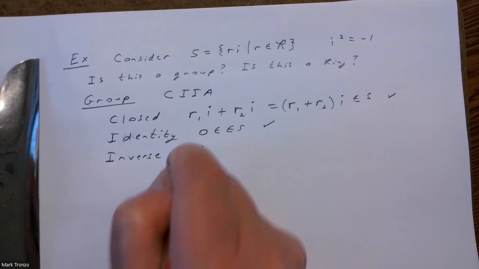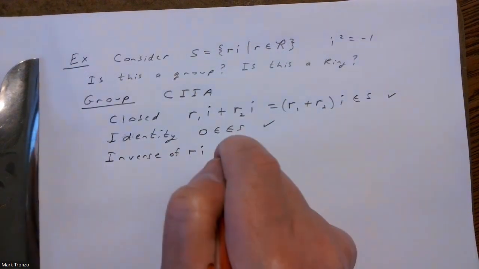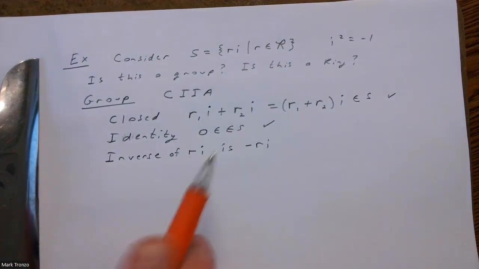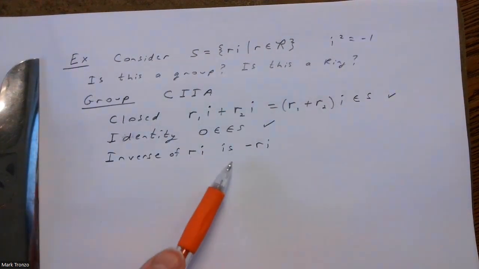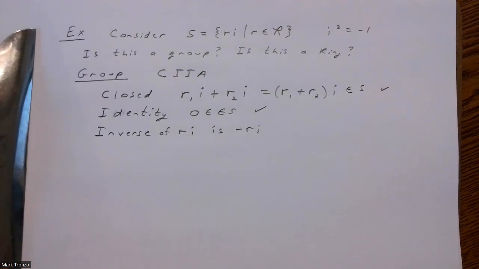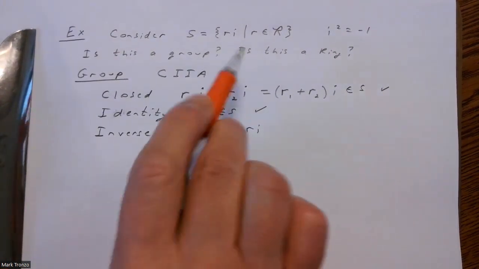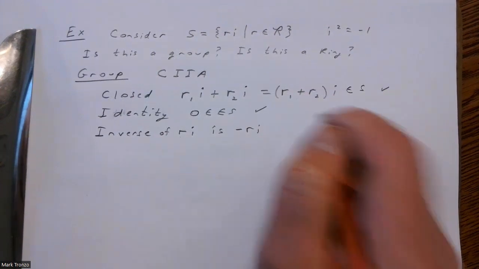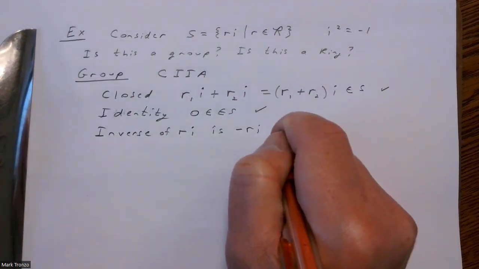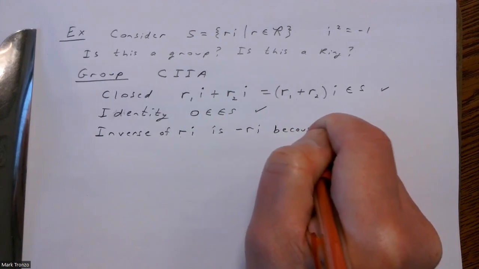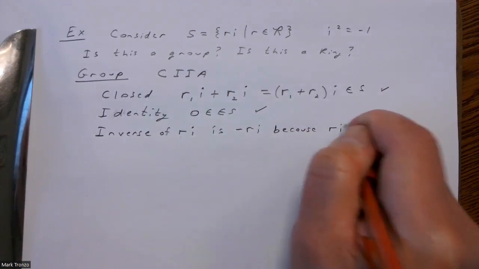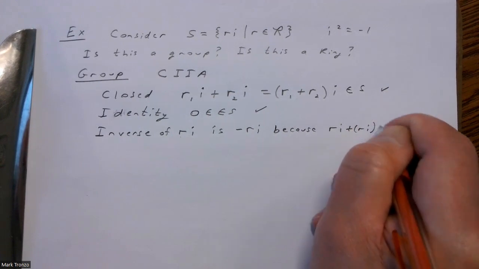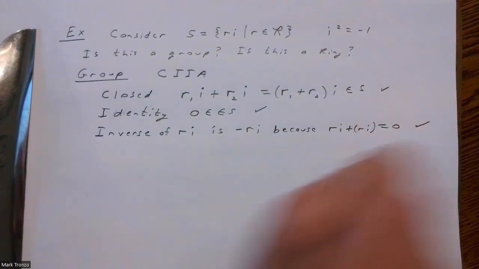So the inverse of a typical ri would, of course, be negative ri. And since r can be all real numbers, negative r would certainly be in the set. So we're going to have an inverse, because ri plus minus ri is 0. So we have an inverse.